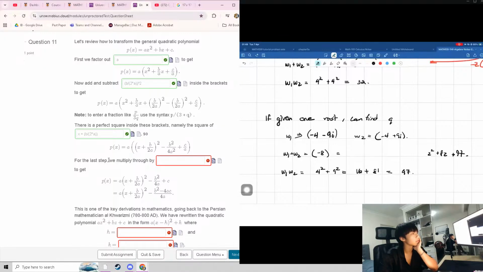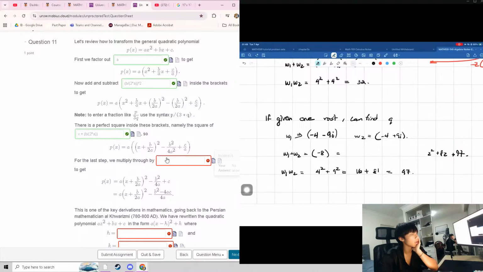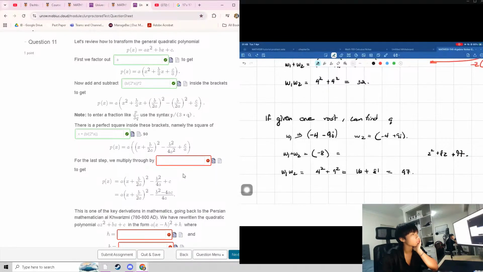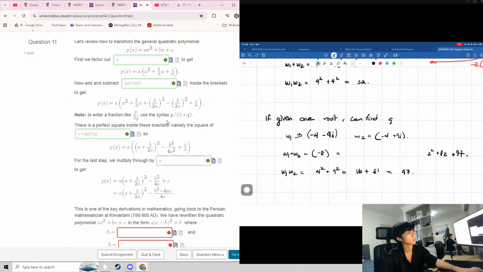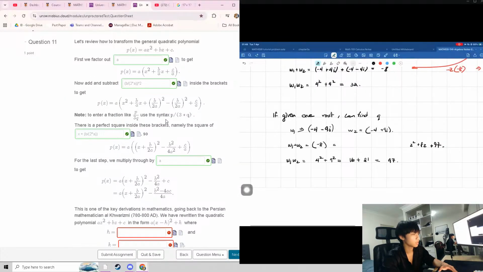So for the last step, we multiply through by... what are they multiplying? By a again. Nope. By 1 over a. Sorry, by a. This is one of the key derivations in mathematics, going back to the Persian mathematician.